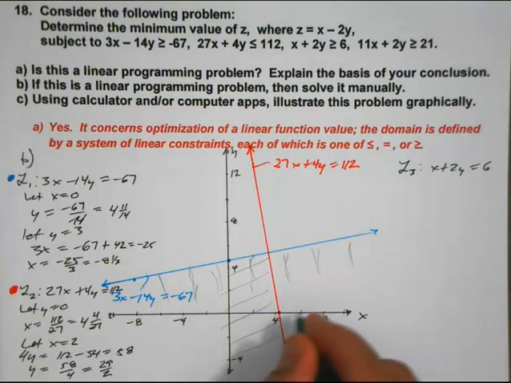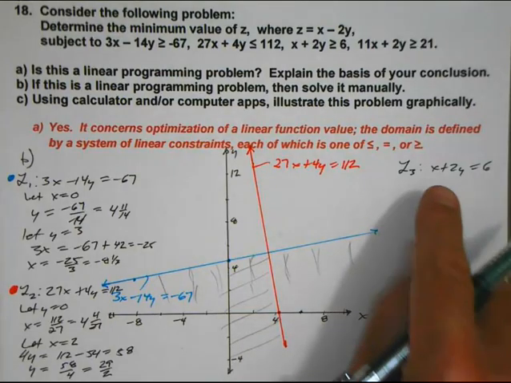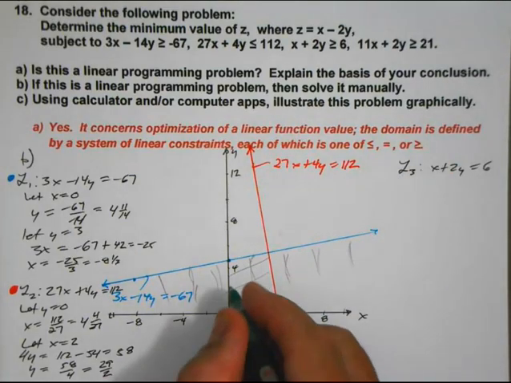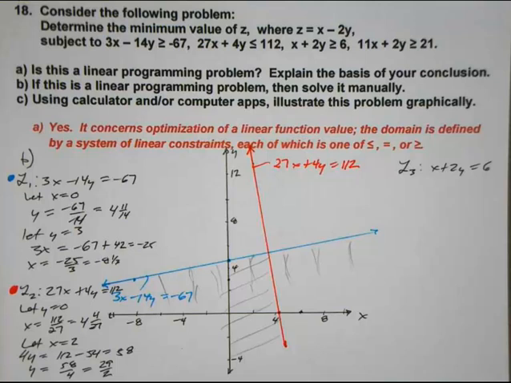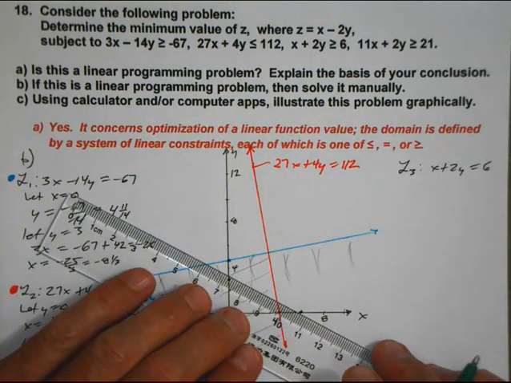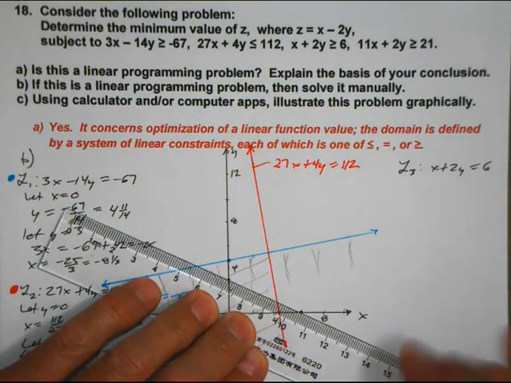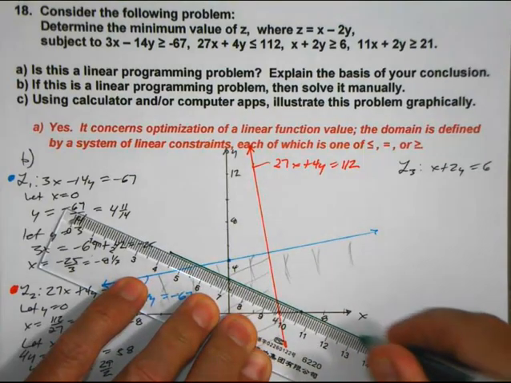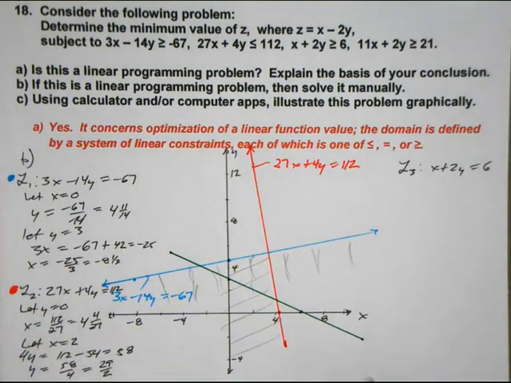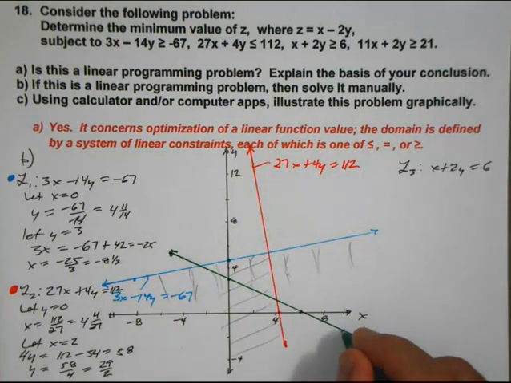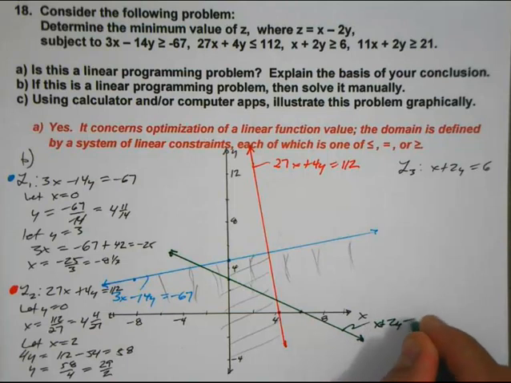Okay, right there. If x is 0, 2y is 6, y is 3. Right there. Okay, let's graph that boundary line. Okay, let's label its equation. This is x plus 2y equals 6.